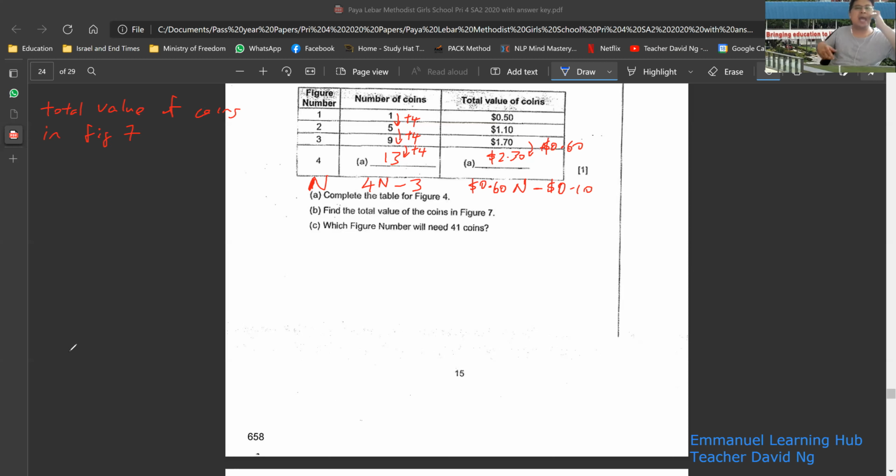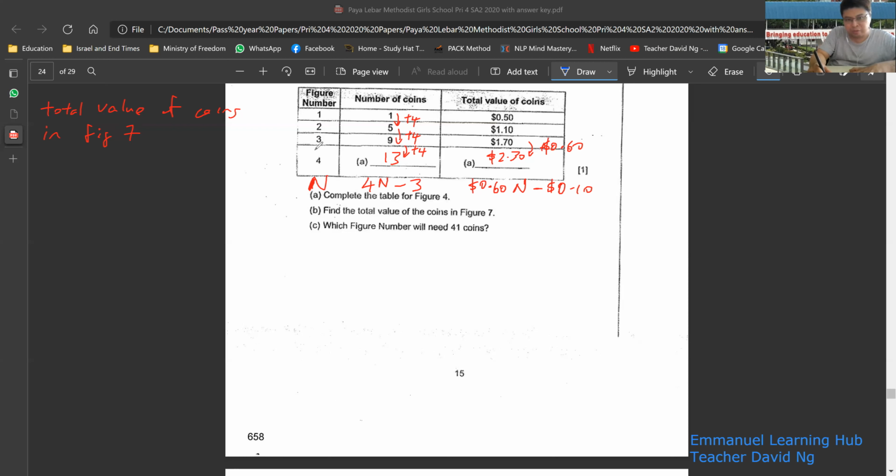Okay, in figure 7, n equal to what? Figure 7, right? n is 7. Understand?